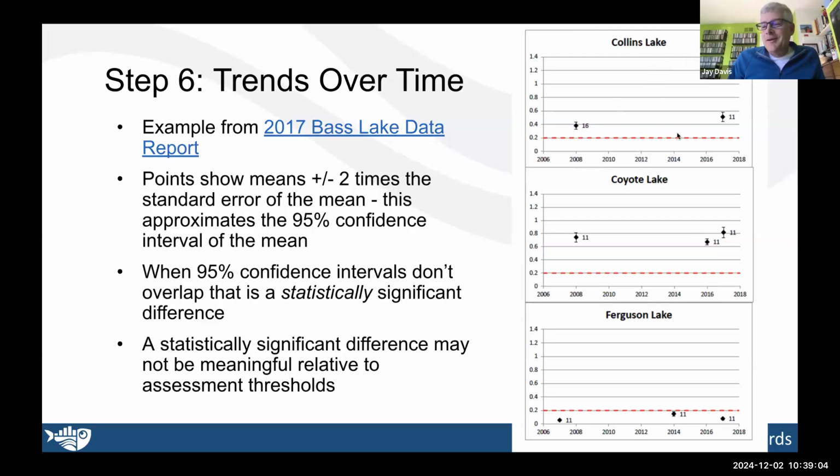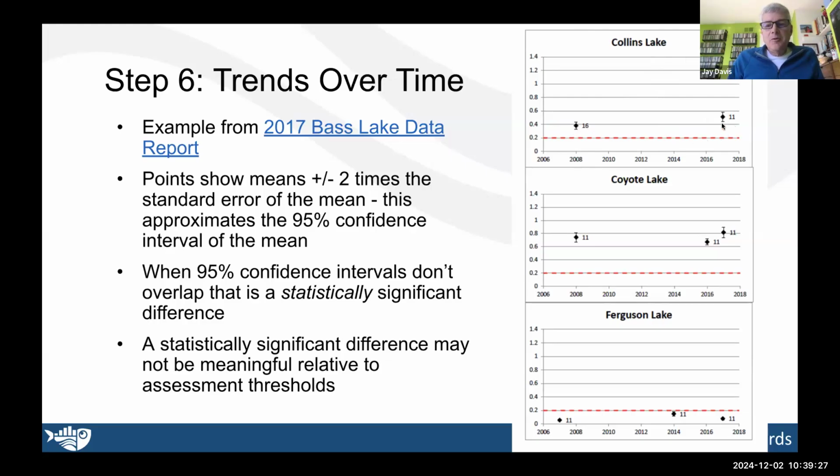So Collins Lake, we sampled in 2017 and 2008, and these confidence intervals are not overlapping, so not much change. Up through around 2017, when we were revisiting lakes, we weren't seeing much change over time.